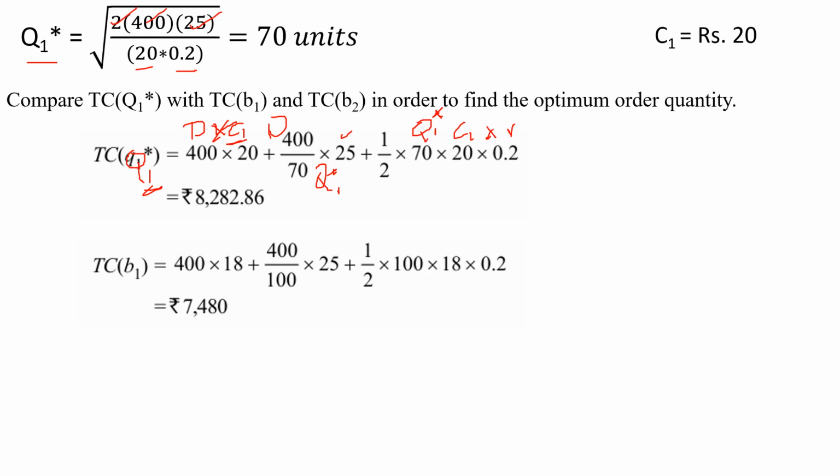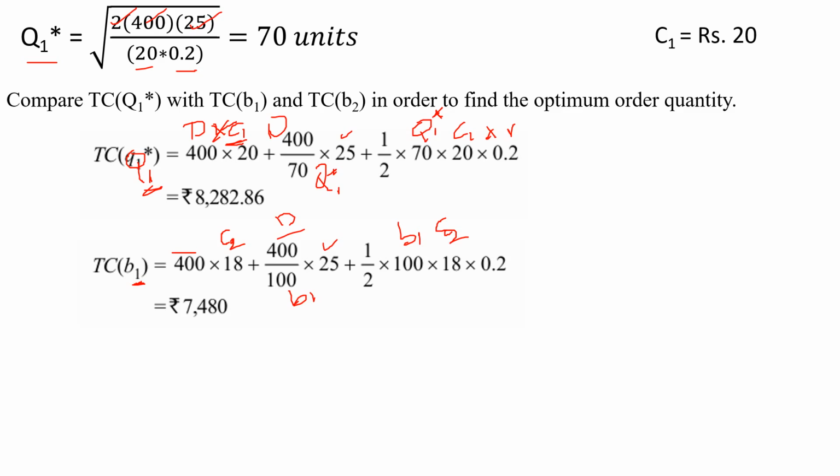Next we have to determine the total inventory cost at the B1 quantity. Here D is constant, but previously Q1 star was with respect to C1. For B1 we have to use C2. So that is 400 into 18, plus D divided by B1 into C0, plus 1 by 2 into B1, that is 100, into C2 into R. So the total inventory cost at B1 is 400 into 18 plus 400 by 100 into 25 plus 1 by 2 into 100 into 18 into 0.2.